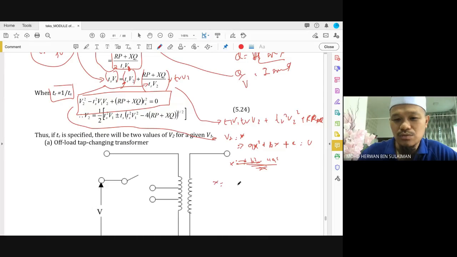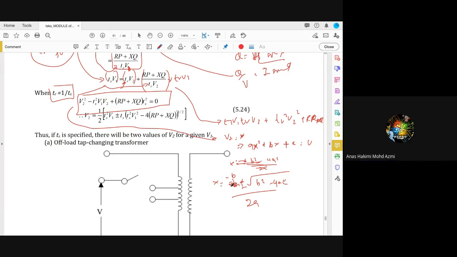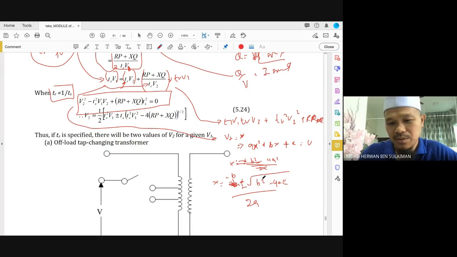X equals to, we have square root here, b square minus 4ac, right? Negative b plus minus square root of b square minus 4ac divided by 2a, you get the value. Remember? Right, sir. Okay, negative b plus minus square root of b square minus 4ac divided by 2a.